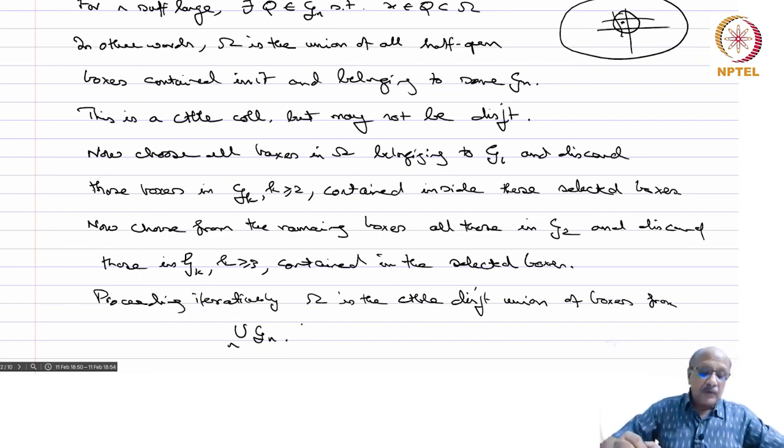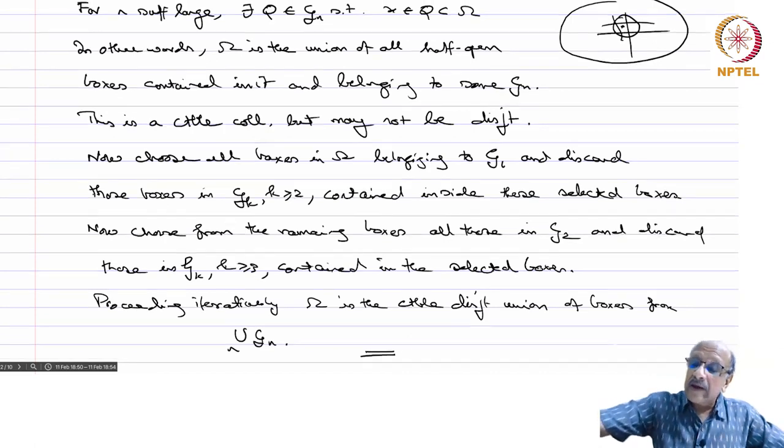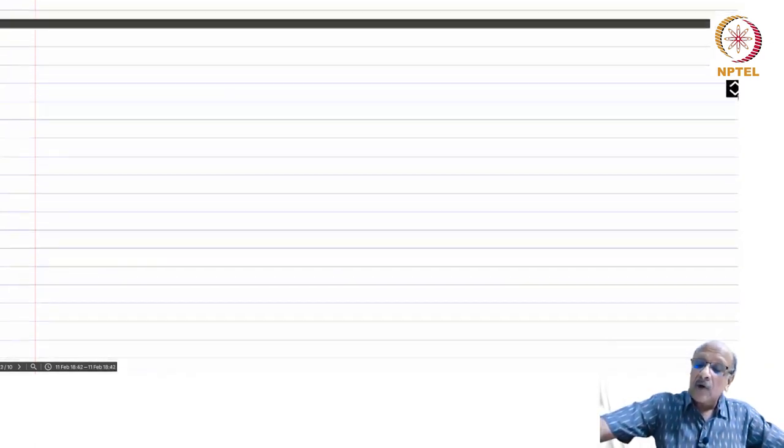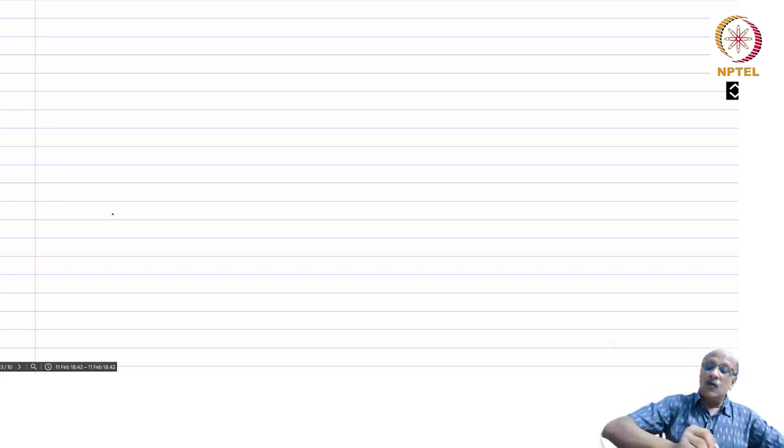And this is obvious from the two observations which we made before. Okay, so you can always write every open set as a countable disjoint union of half open boxes. That is the moral of this lemma.